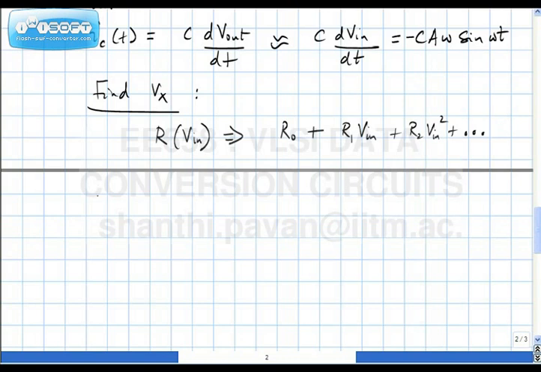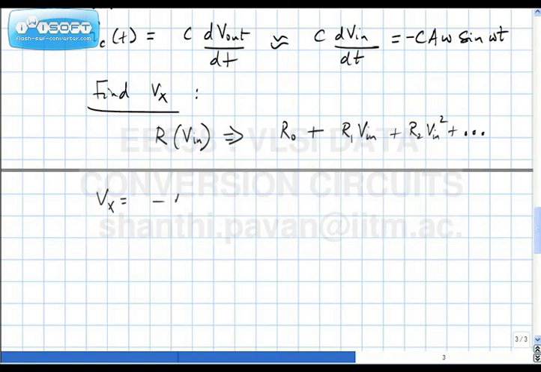So what is Vx now? Vx is nothing but the current, minus A C omega sin omega t, times R0 plus R1 Vin plus R2 Vin squared, where Vin is A cos omega t.